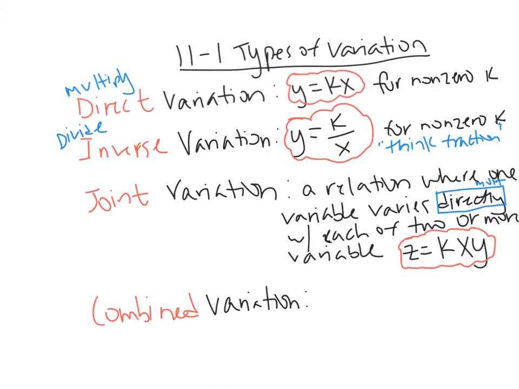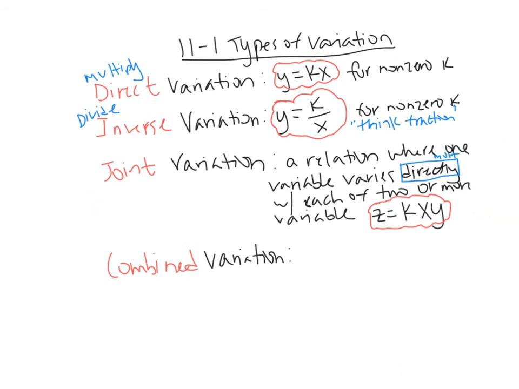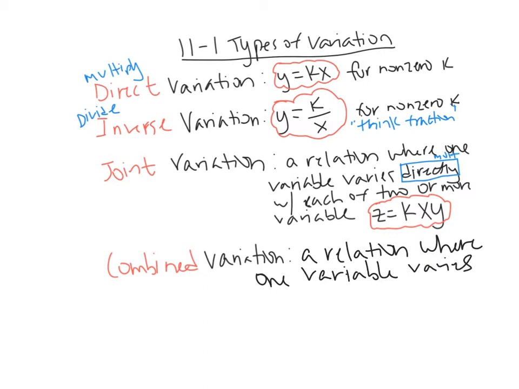Combined variation is a relation where one variable varies with respect to each of two or more variables.